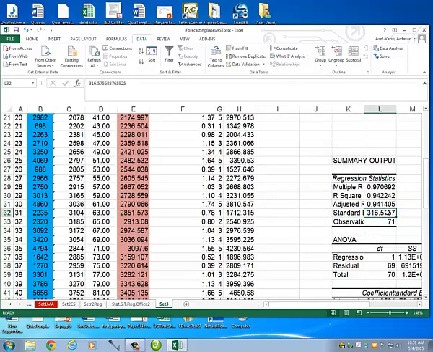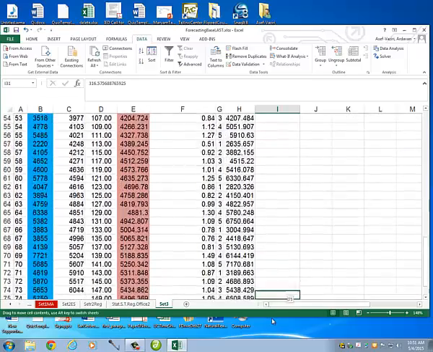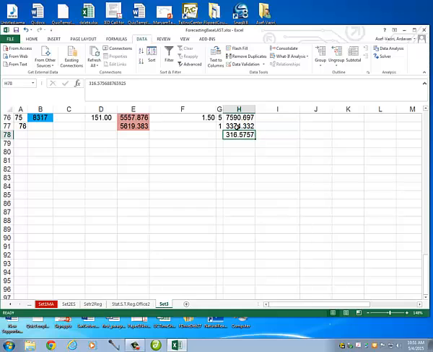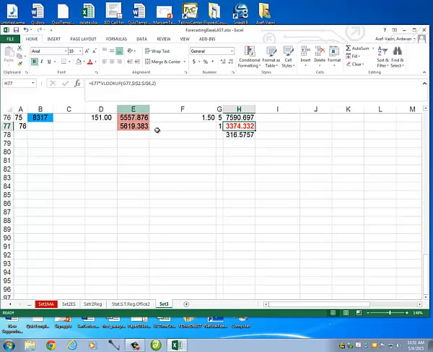So now my forecast for the next period has an average of this one, and a standard deviation of this. Demand for next period has a normal distribution with an average of this much and a standard deviation of this. Thank you very much.